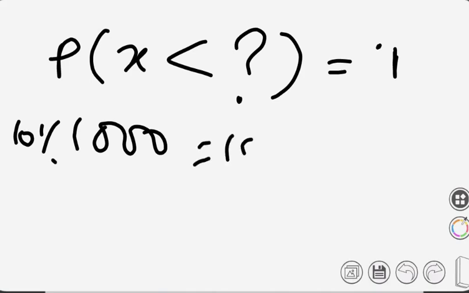So that means 100 bulbs. Not more than 10% should expire. So 100 bulbs.